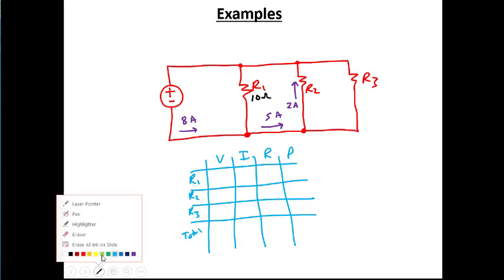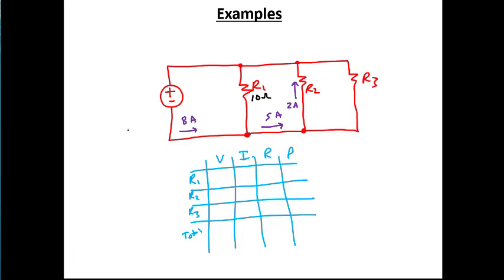Okay, so what are we going to do for this problem? So the first thing, step one, is going to be writing in our knowns. So we know the total current is 8. We know that R2 is 2. We know that the resistance here is 10. Okay, so right now we don't have a lot.